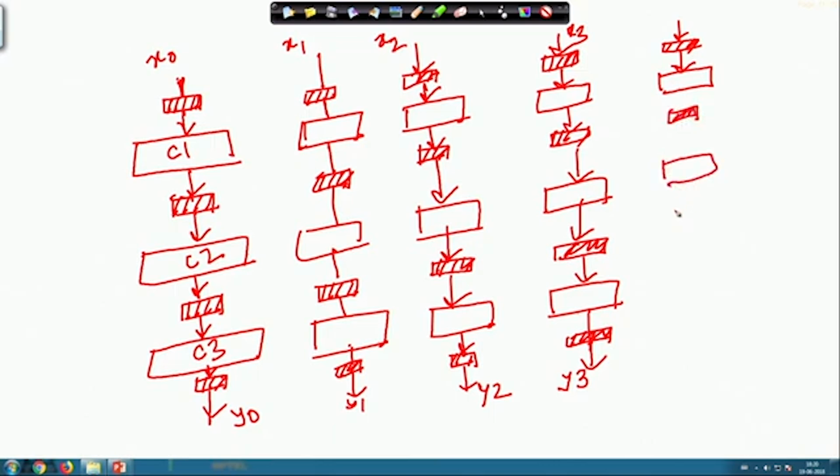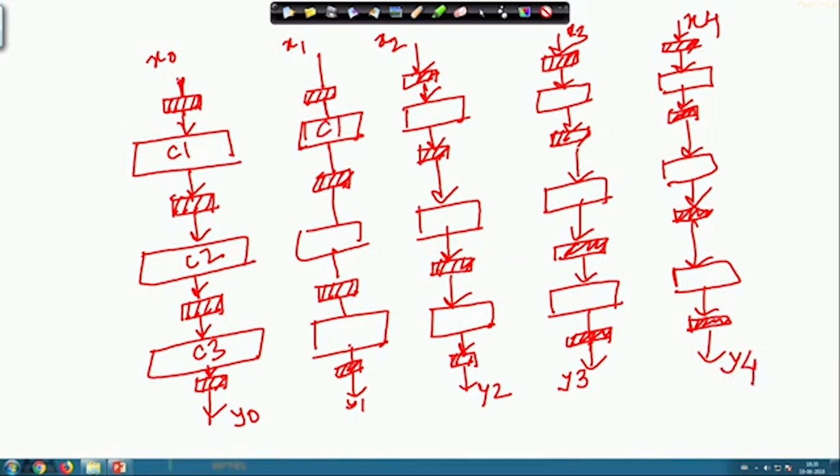Here what I have to do is that, so this is for x4, this is for y4, okay.